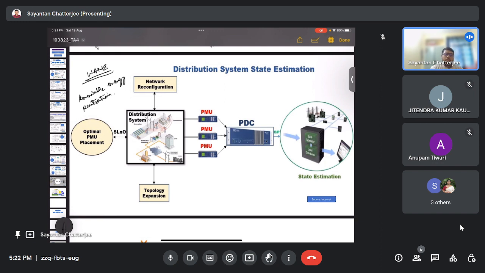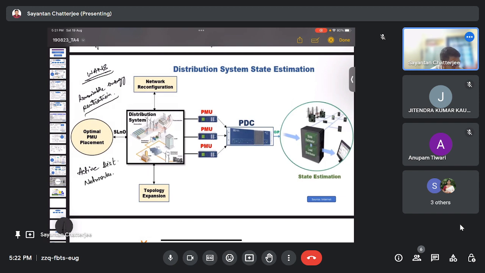Based on this renewable energy penetration, the distribution system has become much more active. It is also known as active distribution networks nowadays.